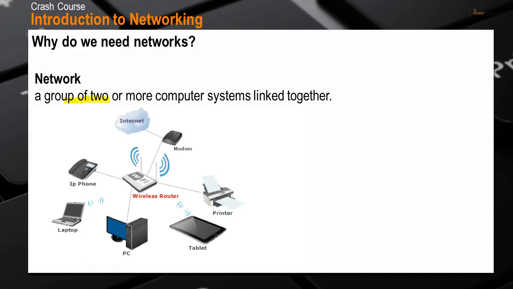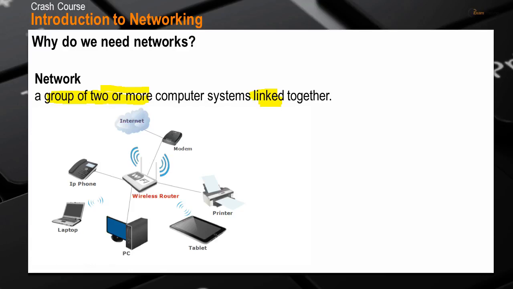For instance, if you're at home and you have a router and they are linked, it means that you have a router and then you have a laptop. What else? You can have another PC, maybe a phone. What else? A printer, a tablet, a modem, a scanner, everything that you can imagine.